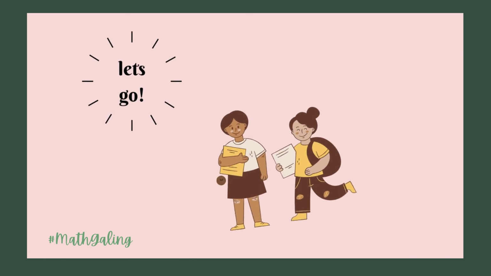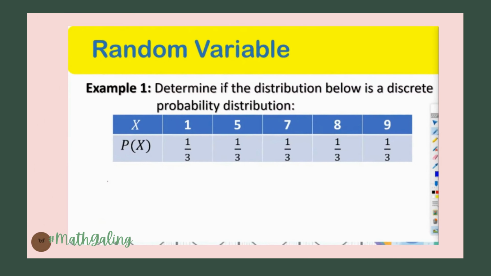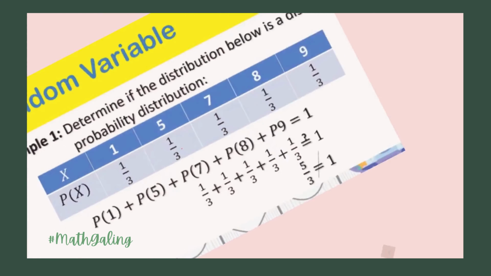Now moving forward, let's try to answer this next example. How are we going to apply it all? Let's look at this problem. Determine if the distribution below is a discrete probability distribution. We do have a distribution, but how will we know if it's a probability distribution of a discrete random variable? Of course, you have to satisfy the two properties.